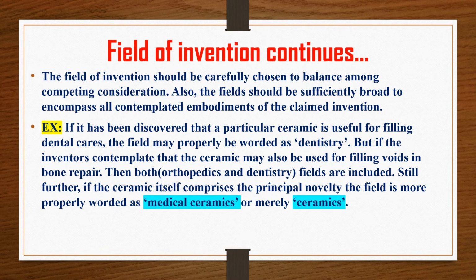Still further, if the ceramic itself comprises the principal novelty, the field is more properly worded as medical ceramics or merely ceramics. So, you can see here how much broader the scope is.